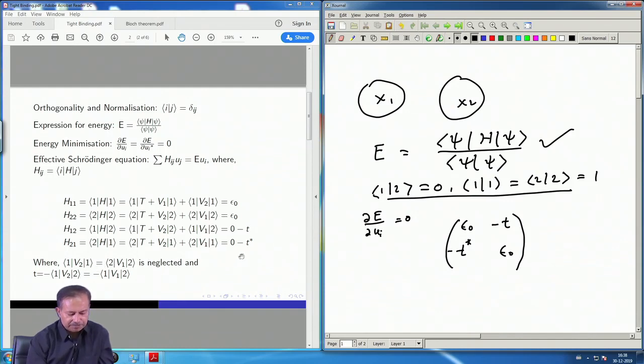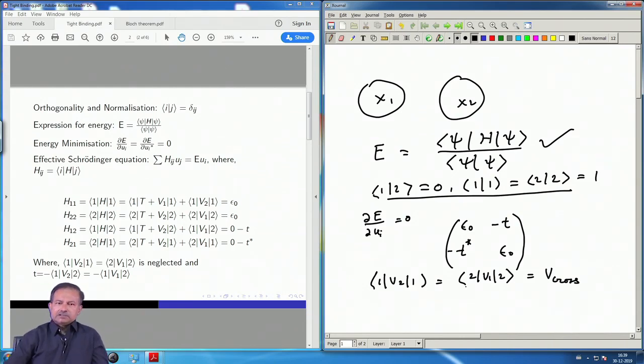Now there is this term <1|V2|1> equal to <2|V1|2>, which is basically the V cross term, and it was set to 0, because as such it is the effect of nucleus 1 V1 on orbital 2 and the effect of nucleus 2 on orbital 1.